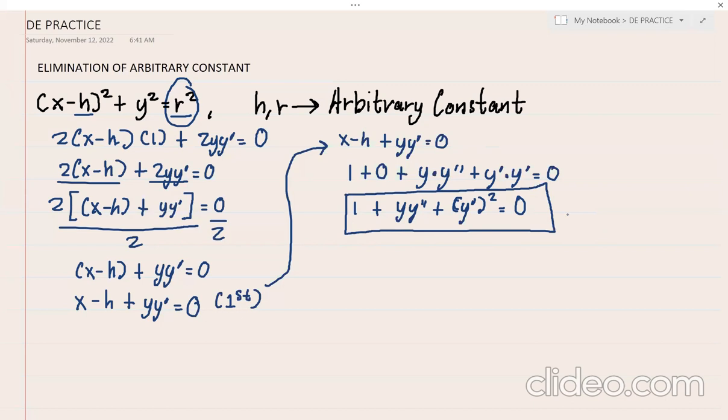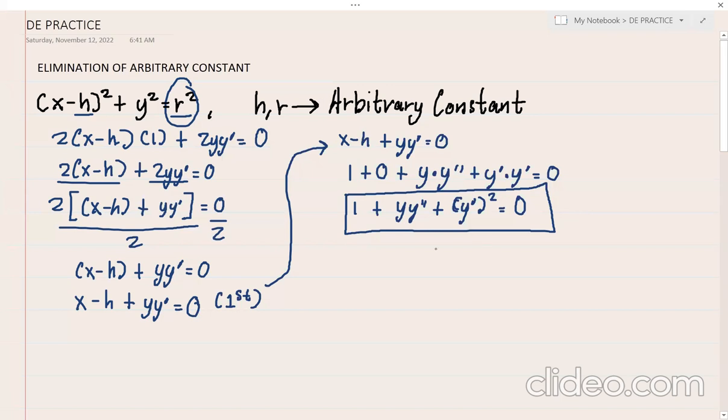In the third step, after you get the derivative, if it still has an arbitrary constant, at least one of them, what will we do? We're going to find another way or method to eliminate it. Unless that will already be your final answer. Like, if there's really no arbitrary constant, we can just leave it as your final answer. Or better yet, if it's not yet simplified, simplify your answer.